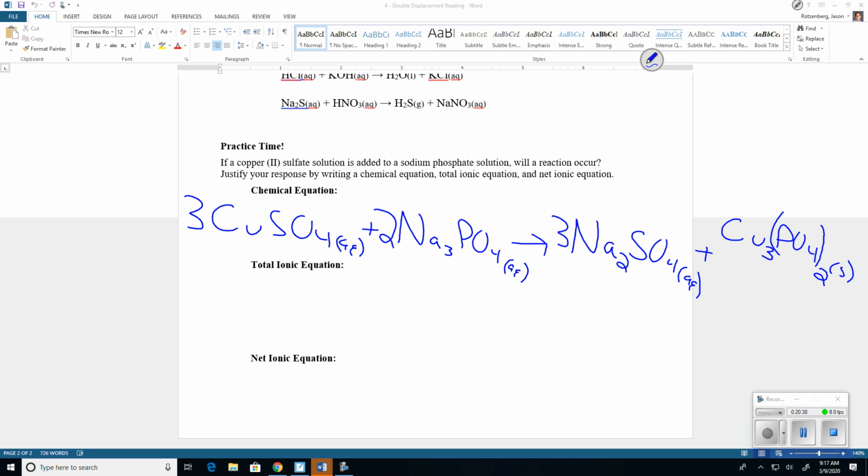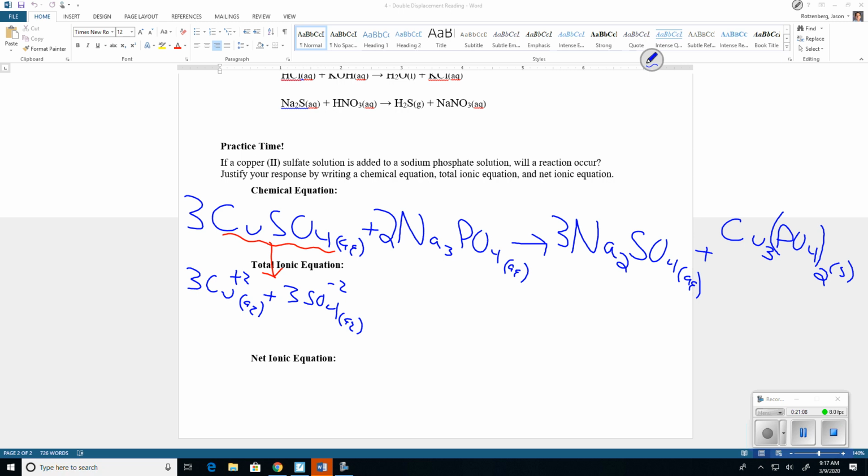Okay, total ionic. Take the things that are aqueous and break them apart into their ions. For example, I have 3 Cu2+ ions and 3 sulfate ions. So what I've just written is breaking down the CuSO4.